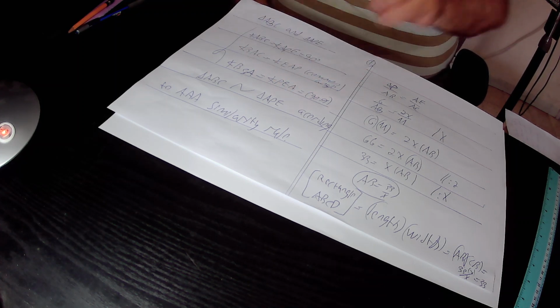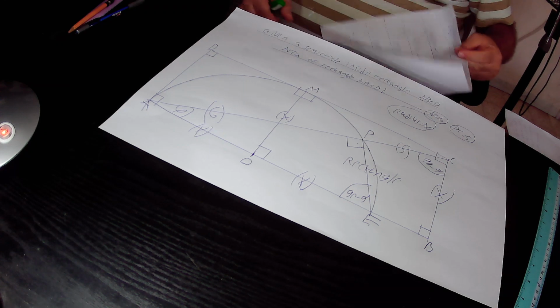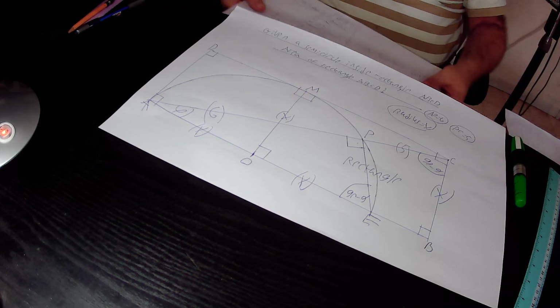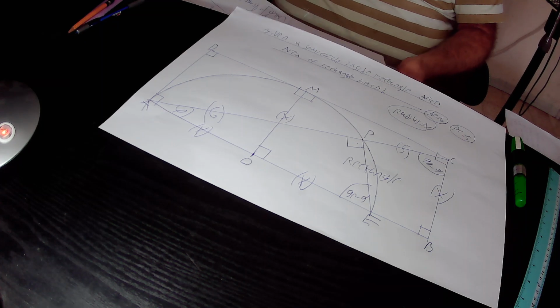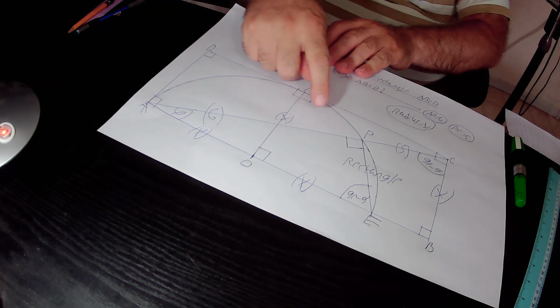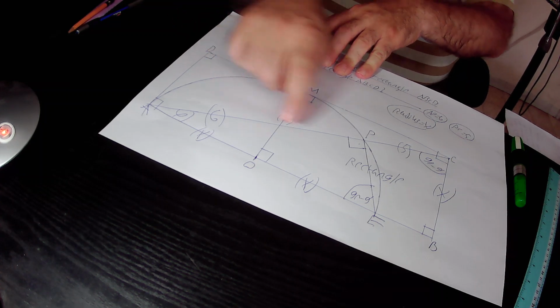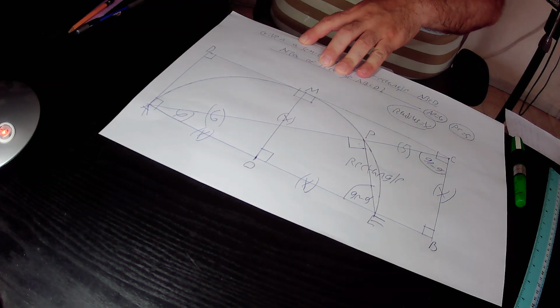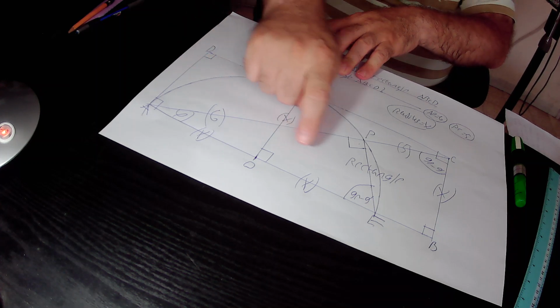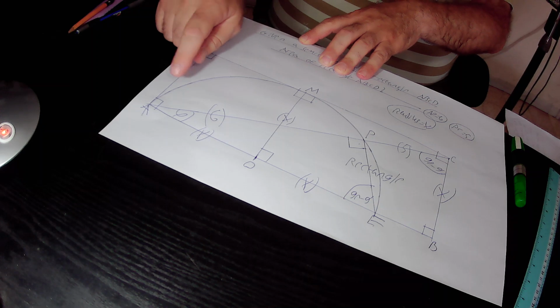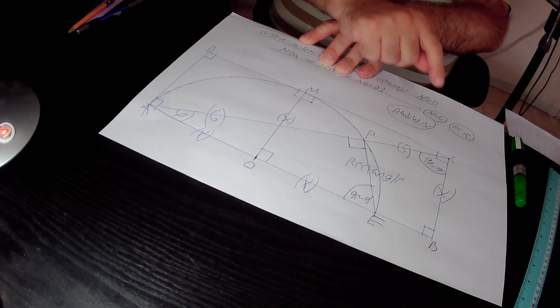From this similarity, we derive that side AP of triangle APE over side AB of the right triangle ABC is equal to side AE of triangle APE over side AC of the big right triangle ABC.